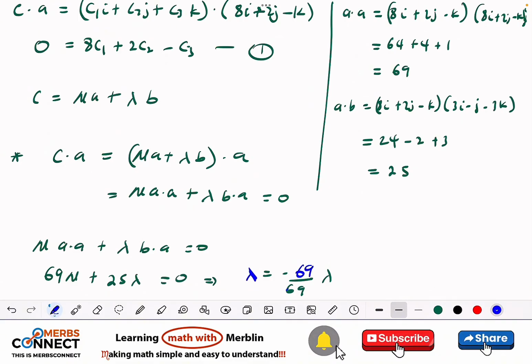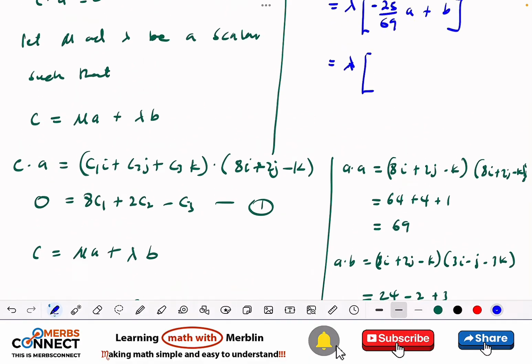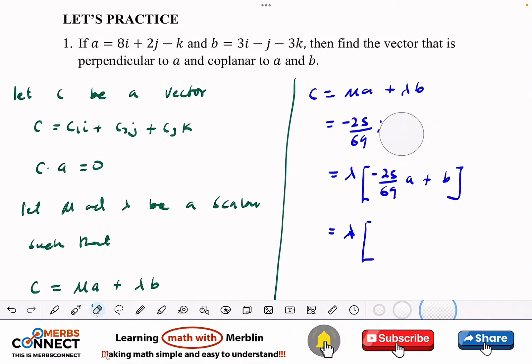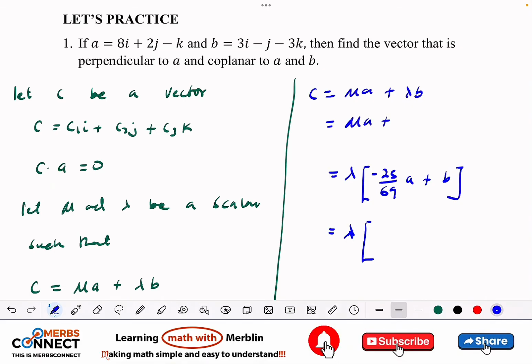Let me make lambda the subject so that I'll get it in this form. 69 goes up. Since I'm making lambda the subject, I'm going to have this plus lambda b. So this will be mu a minus 69 over 25 b mu.